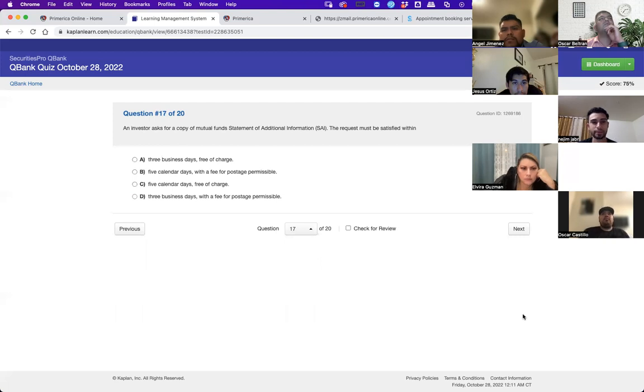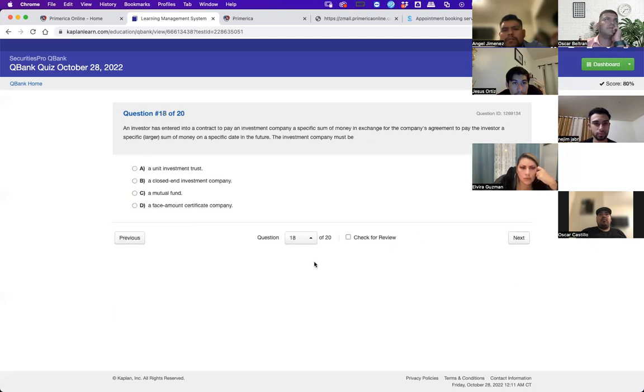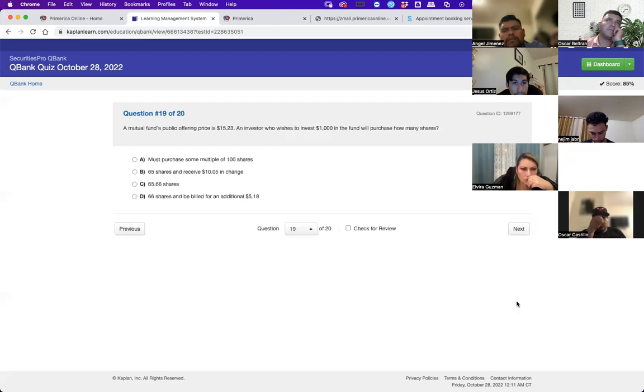All right, an investor asks for a copy of mutual fund statements. 3 business days. A. An investor has entered into a contract to pay an investment company a specific sum of money in exchange for the company's agreement to pay the investor a specific large sum of money on a specific day in the future. D. Sounds like D, right? There it is.